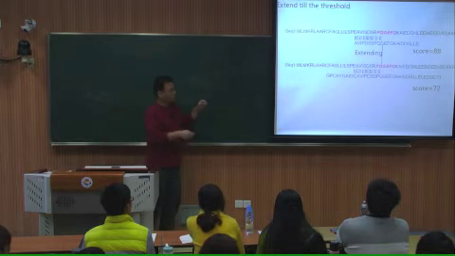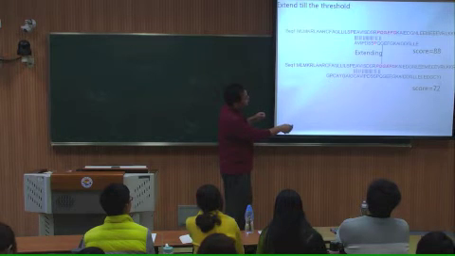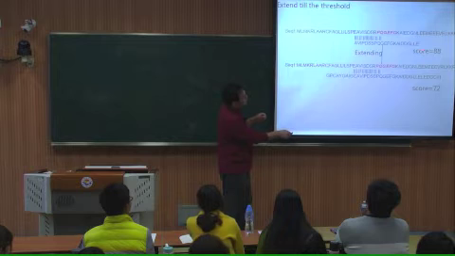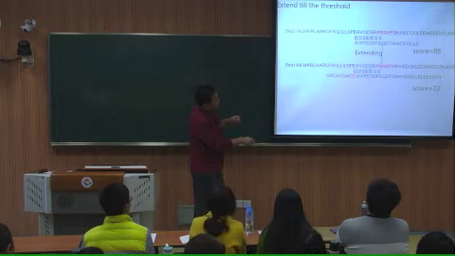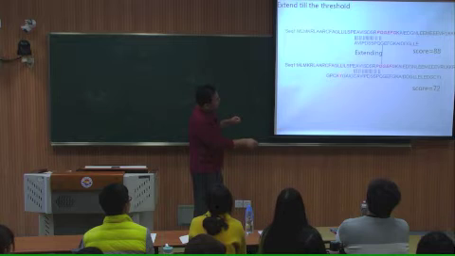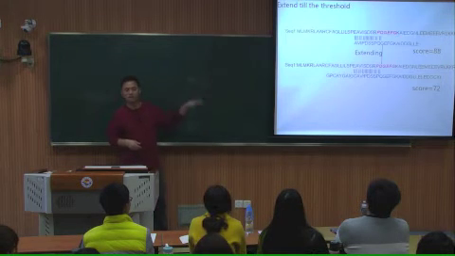For example, if we extend from this red region to both ends, until now we have a score of 88. But if we extend further, because all of these are mismatches, we'll have a smaller score. The score will drop.